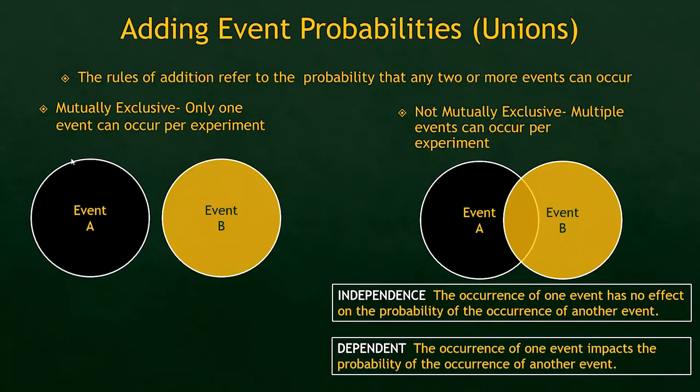So when we have probability, what we're talking about is the likelihood of an event or multiple events occurring. In the last lecture, you looked at what an event is, what a sample space is, an outcome, and an experiment.